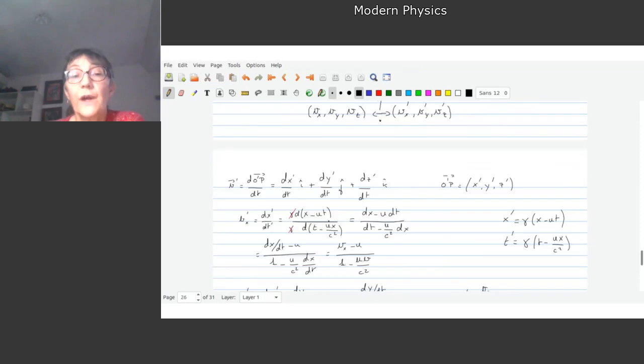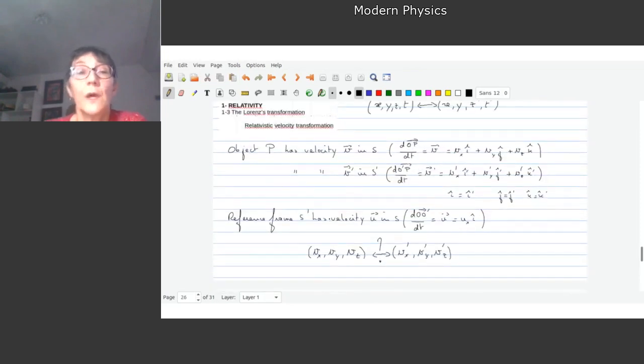So we are going to do it very, very carefully, because this is wrong, what I wrote here. I wrote dOP, which is the position over dt, and here I'll also write over dt, but it is dt prime. Time is not the same, so this is over dt and this is over dt prime.